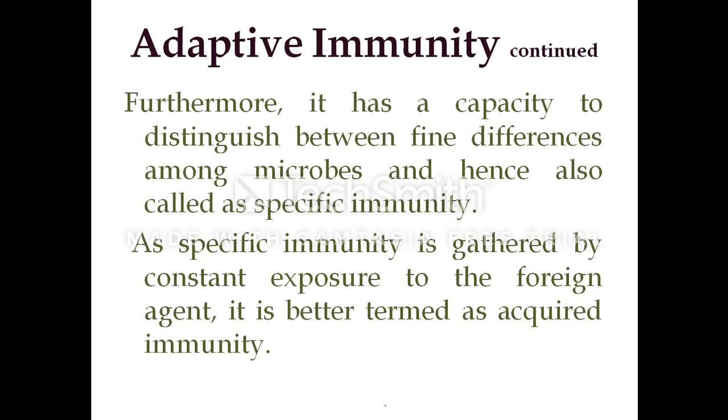Furthermore, it has the capacity to distinguish between fine differences among microbes and hence is also called specific immunity. As specific immunity is gathered by constant exposure to the foreign agent, it is better termed acquired immunity. Adaptive immunity is otherwise called acquired immunity.